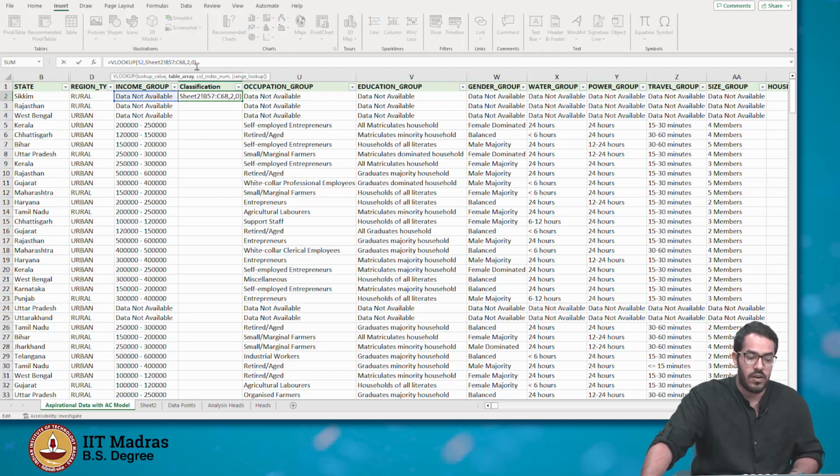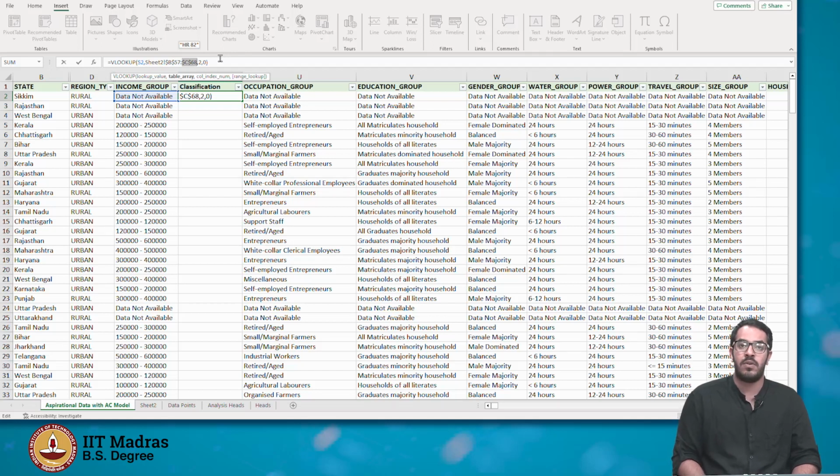I can manually also put $B, $57 and $C, $68 here, but I want to be a little faster in this, so the shortcut that I will be using is F4, the function 4 key that you have on the top row of your keyboards. That is something that you press. So if you see, I've just pressed F4 and there is $ applied in front of B and 57. Again I press it and I have $C, $68.